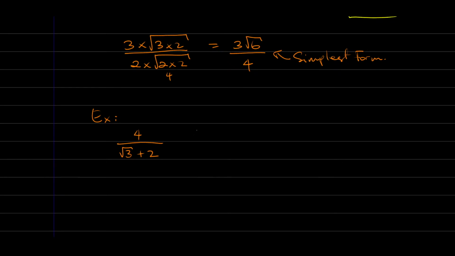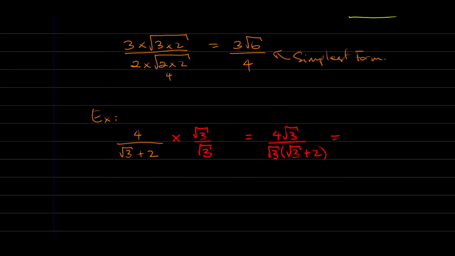We have the 2. But you cannot, and I'm saying it again, and I'm going to write it in red, you cannot multiply by root of 3 over root of 3. Let's multiply it to see exactly what happens, so we know why we can't do it. On the top we'll have 4 root of 3, divided by root of 3 into root of 3 plus 2.